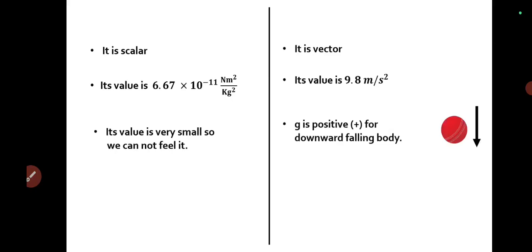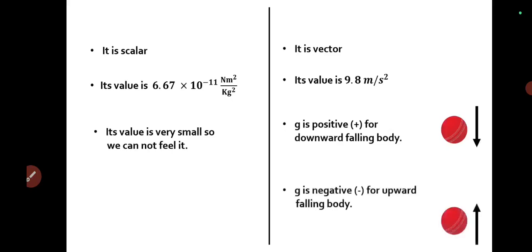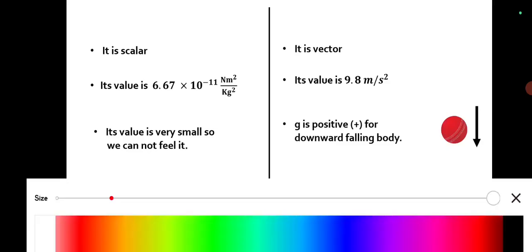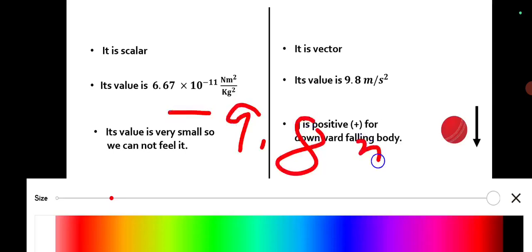Small g is positive for a downward falling body and negative for an upward moving body. That means g being negative typically means you are working with upward as positive, and since gravity pulls down, it has a negative value, written as minus 9.8 meter per second square.